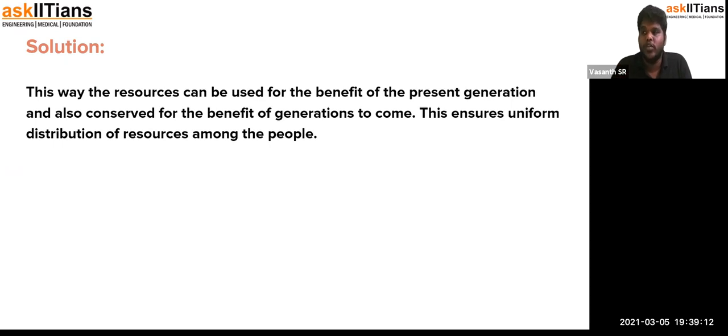Instead, we should conserve as much as possible so that it can be left behind for the upcoming generations. There should be gentle exploration of resources, and the resources extracted should be given equally to each and every person of that environment or the biosphere. So that is what makes it more important.